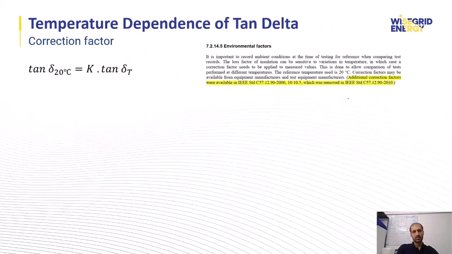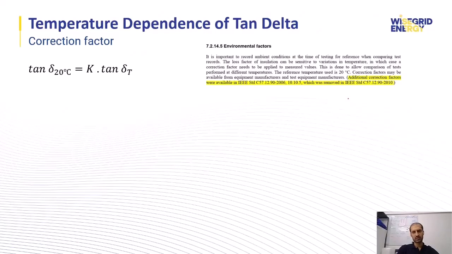One of the main challenges in tan delta testing is its strong dependency on temperature. To have a consistent comparison, measurements are typically referenced at a standard temperature of 20 degrees.